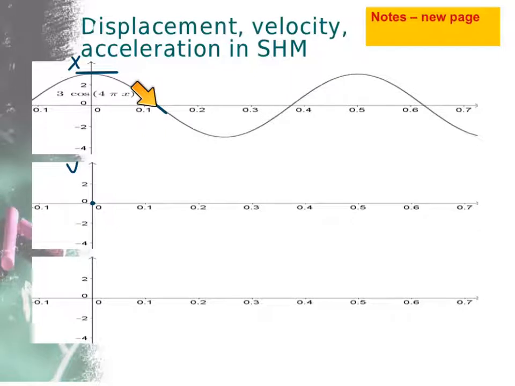So this is the minimum slope that I will run into on my displacement versus time graph. Let's plot a point to represent that right there. That's going to be our lowest point. Let's ignore the scale for now and just worry about the shape of what this is going to look like in the end.